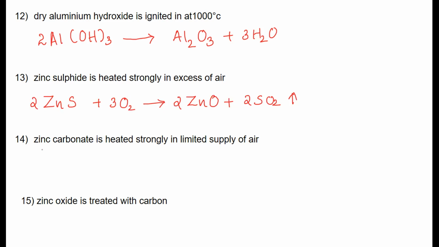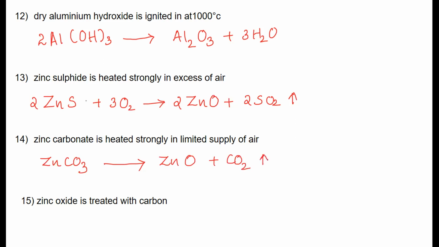Next question is, zinc carbonate is heated strongly in limited supply of air. Carbonate ores are converted to their oxides by heating in limited supply. That process is called calcination. So here we can write ZnCO3, zinc carbonate. On heating in limited air, it is converted to the corresponding oxide, plus carbon dioxide gas will be evolved.